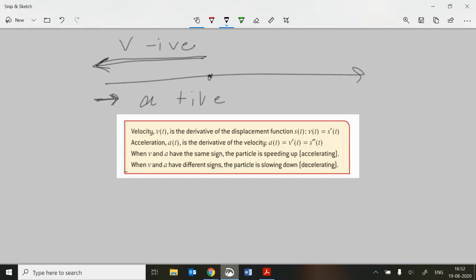So this is difficult in terms of the language, because although acceleration is definitely a vector quantity, when we're talking about something decelerating, deceleration is not a vector quantity. They're saying it's just talking about the particle slowing down.